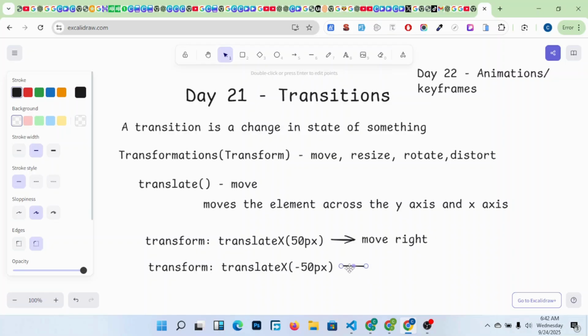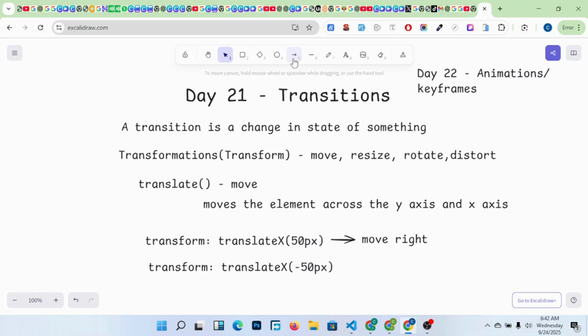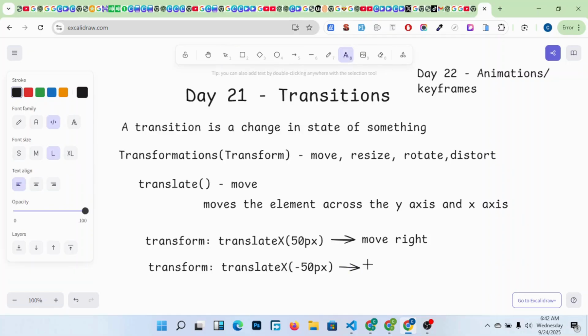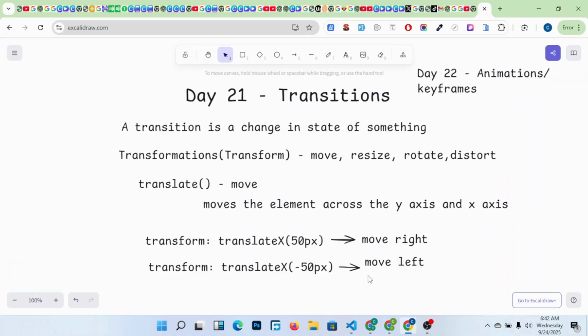Someone can even guess what it means automatically before I say it. This one means move left. So members, you see this one is very easy. It's very easy.